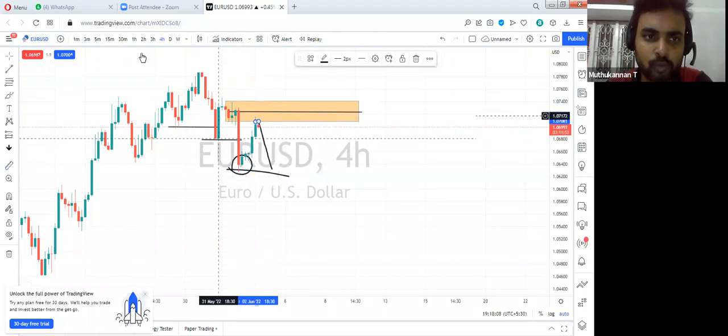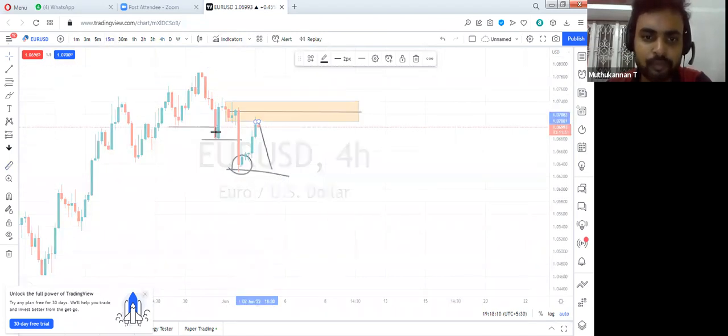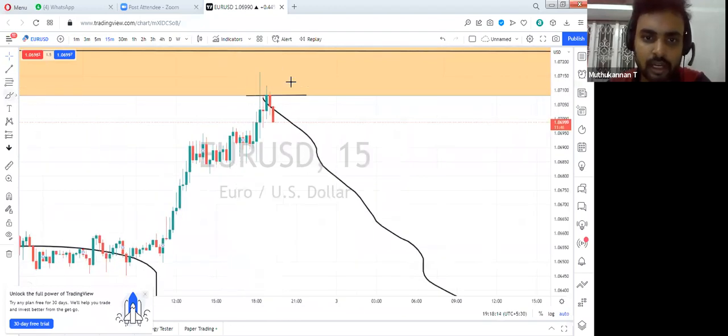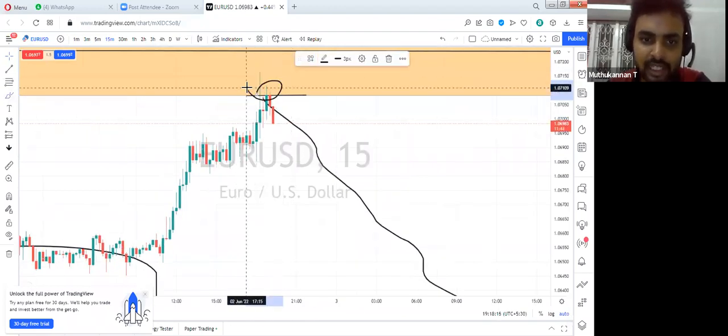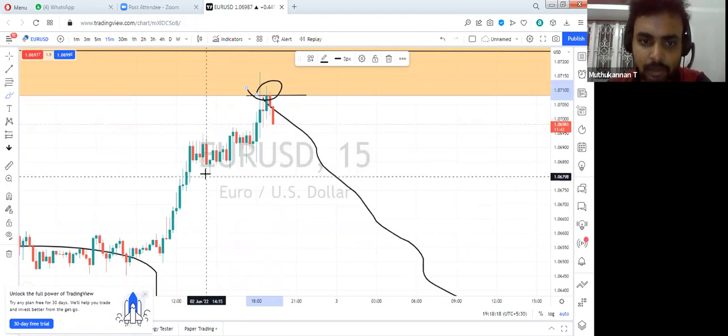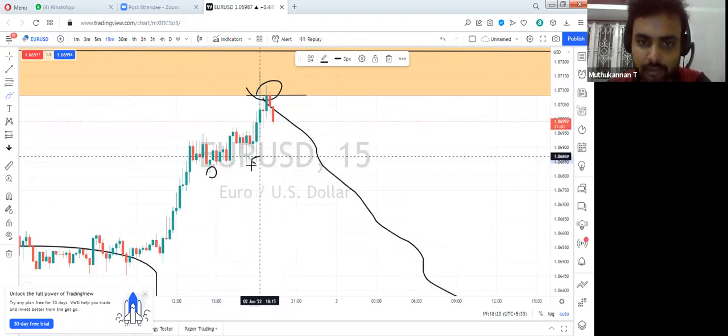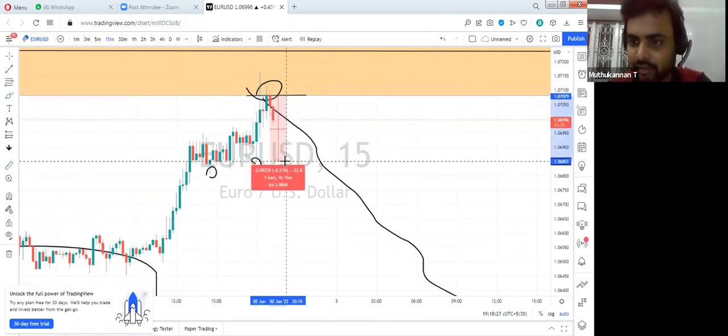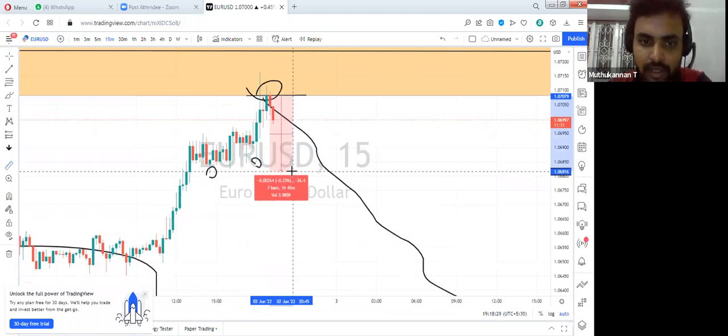But you can also go to the 15 minutes time frame. Say, for example, if you're taking a sell entry from here, tell me which one is the recent swing point. You can say this is my recent swing point, or maybe this is my recent swing point, right? So you can target here. This gives you 200 points, like 220 points. Maybe here it is 260 points.